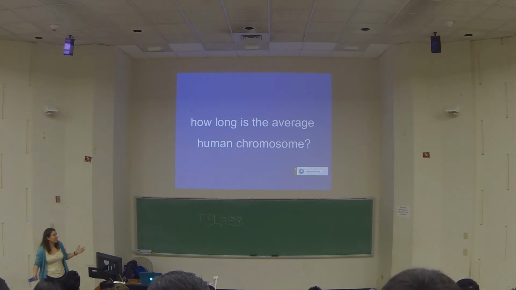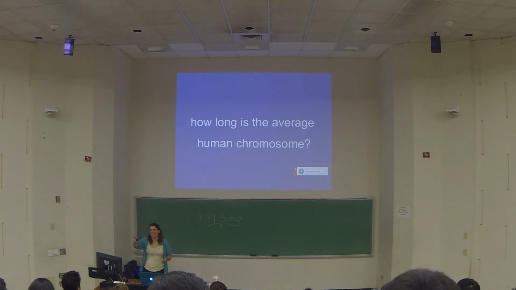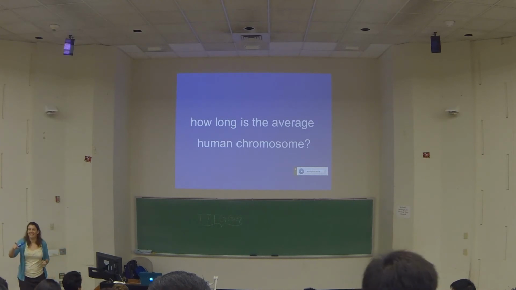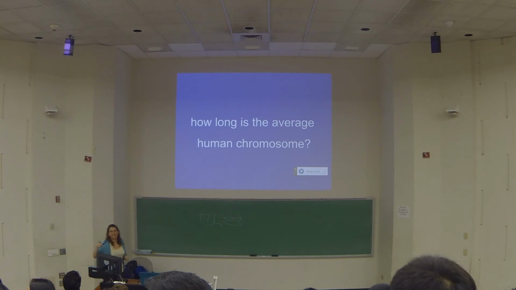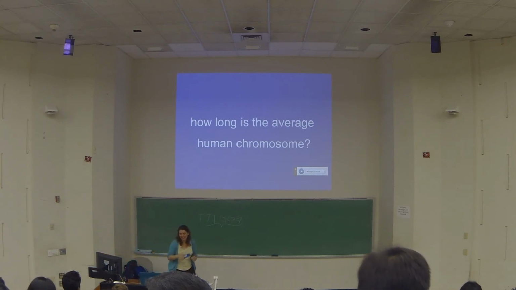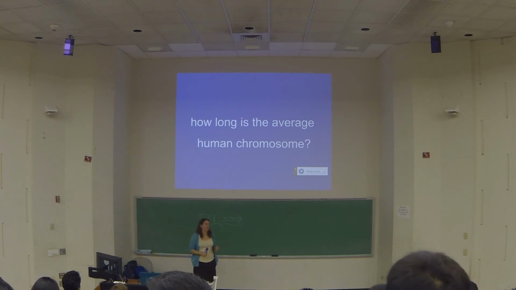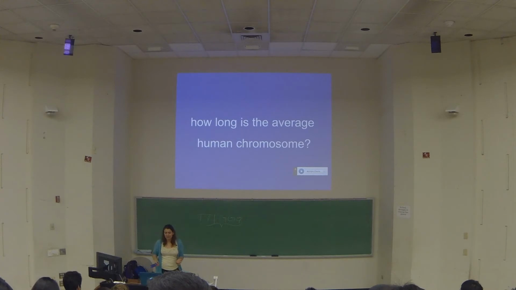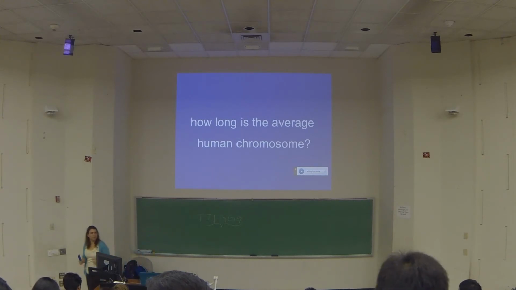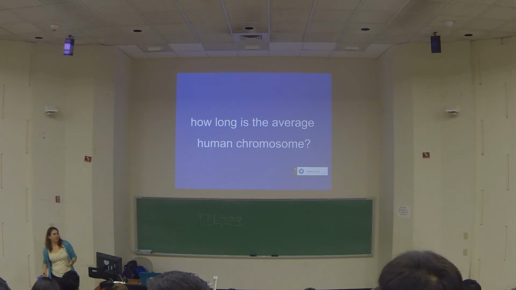So on average, how long is each of our chromosomes? Dividing 3 billion by 23 comes out to about 130 million base pairs per chromosome, roughly, if I did my math right. It's a lot of information to copy.